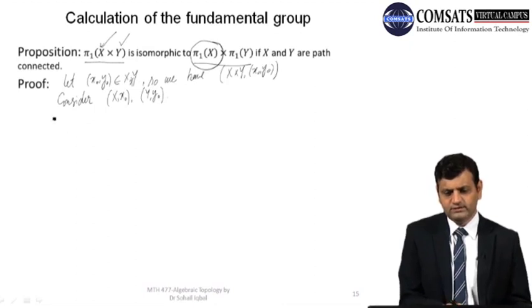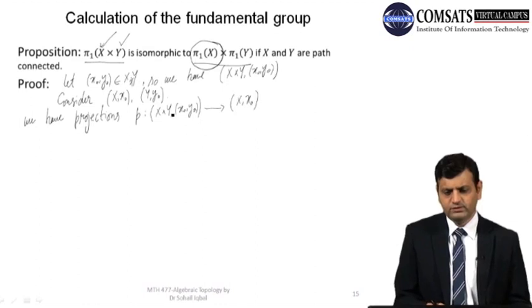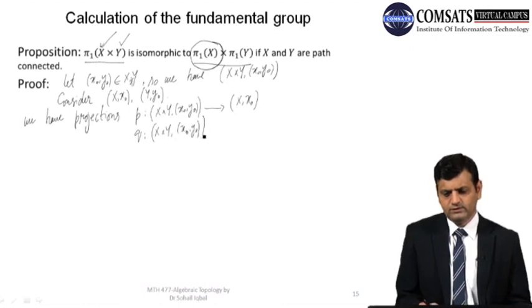Now we have projections. So what are the projections? P from X cross Y, (x naught, y naught) to X, x naught. Of course, what we are doing is just ignoring the second coordinate. And similarly we have another projection Q from X cross Y, (x naught, y naught) to Y, y naught.